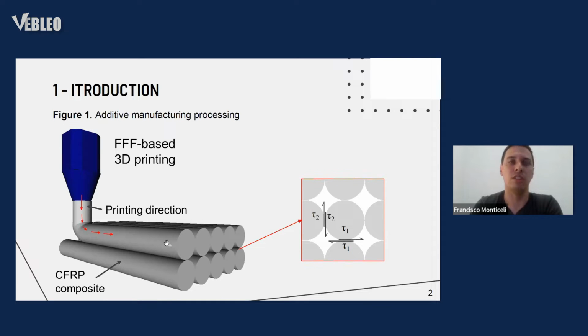This printing direction carries out continuous carbon fiber and epoxy resin. So the main problem we have for this application is that it's not possible yet for structural components because we have a large presence of porosity between the filaments.